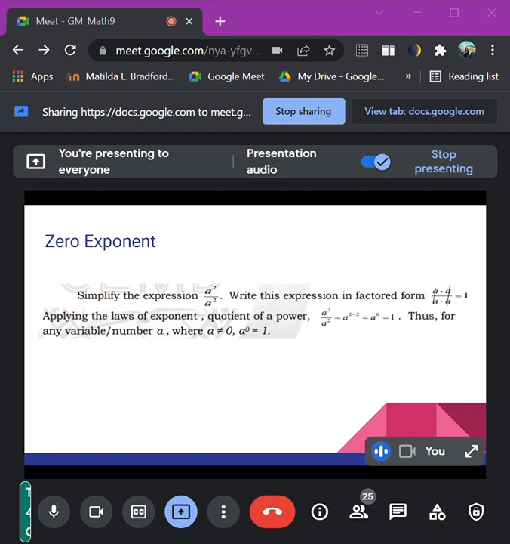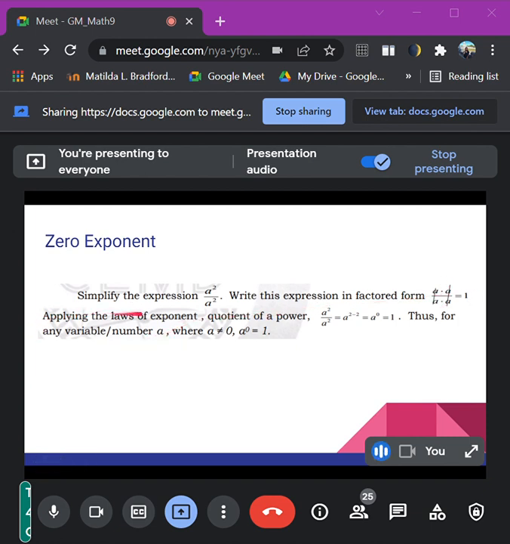If we subtract the exponents, the result is a raised to 0, which in factored form is equivalent to 1. We can see it right away because we expanded it, so you can cancel them and it is equivalent to 1.